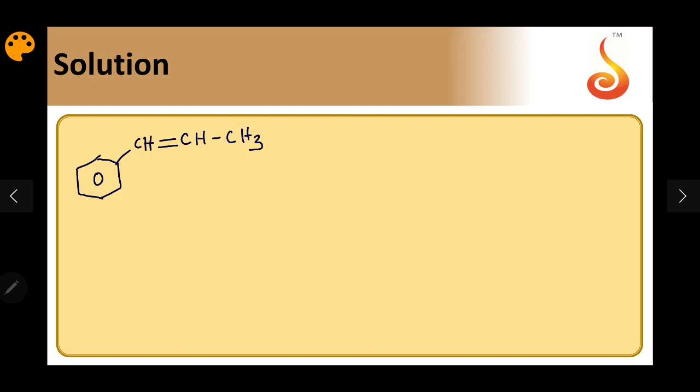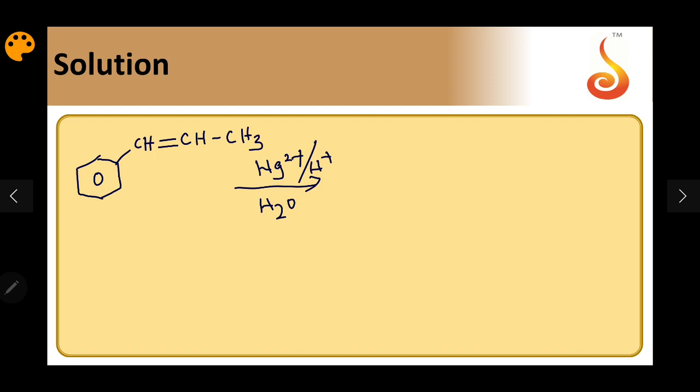So cis or trans will not matter much. So it is given Hg2 plus, H plus and water. So acid catalyzed hydration of alkene, mercuration, demercuration. So what happens?